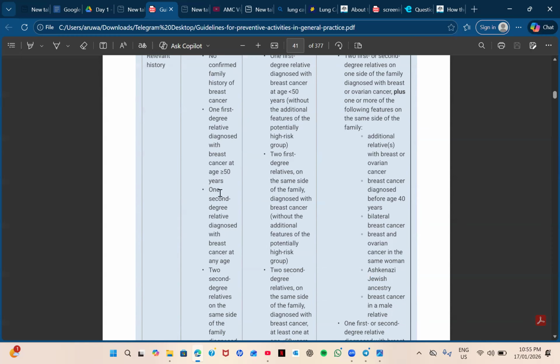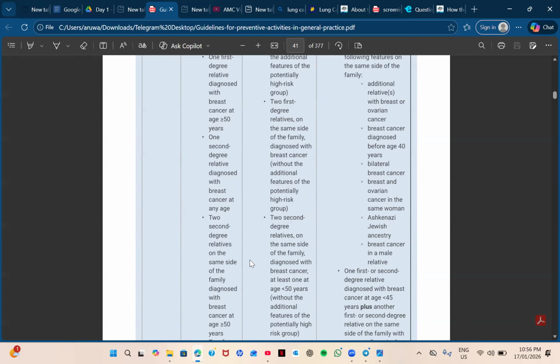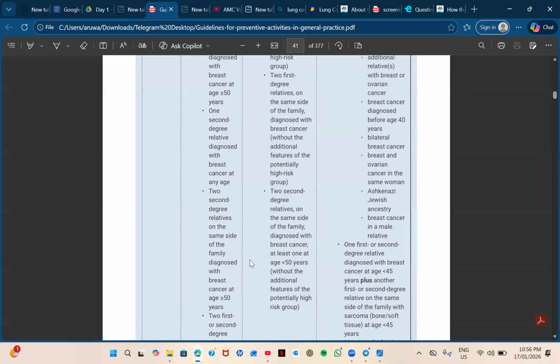Or one second degree relative diagnosed with breast cancer at any age. Or two second degree relatives on the same side of the family diagnosed with breast cancer at age 50 or more than 50 years.